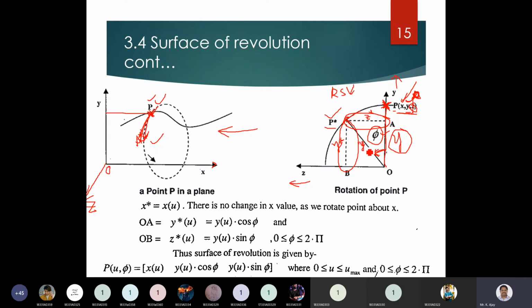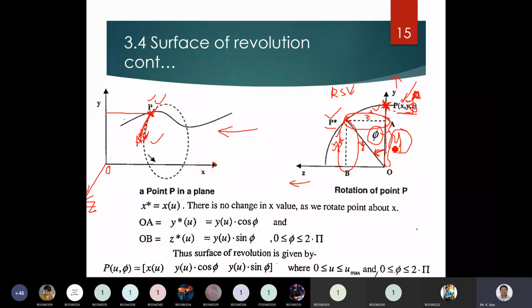So if this distance is y, what will happen to y star and z star? Y star will become y into sin pi, and z star will become y into cos pi. Yes, y into cos pi is nothing but this distance.